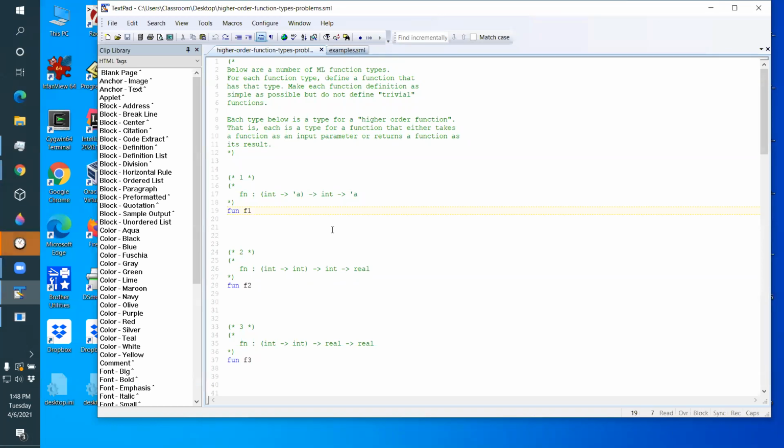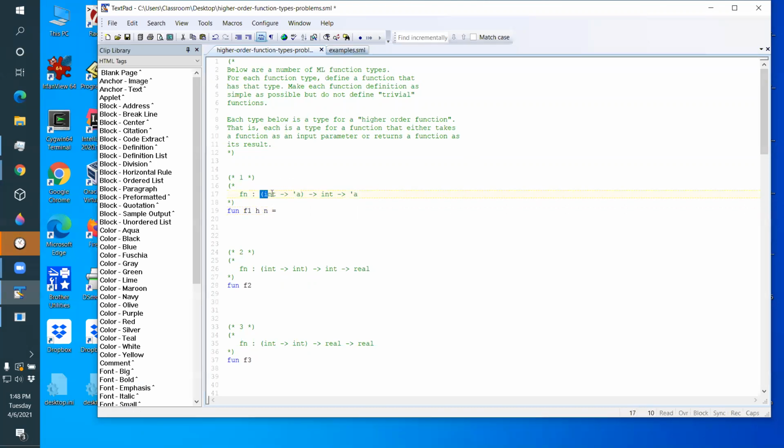I have to come up with a function that has that signature by thinking, well, I'm given a function h, that's this guy, which goes from int to a, and I'm given an integer n, and I have to produce, now here's my output, an object of type a.